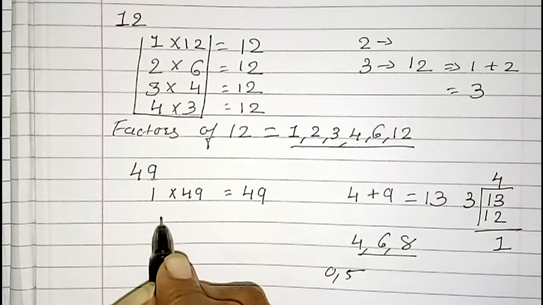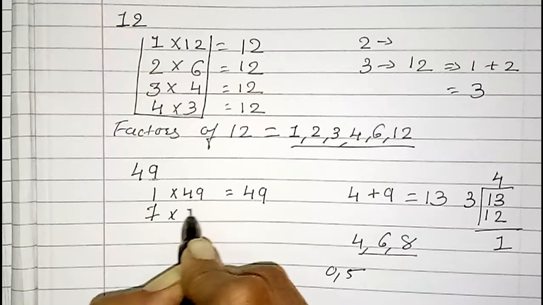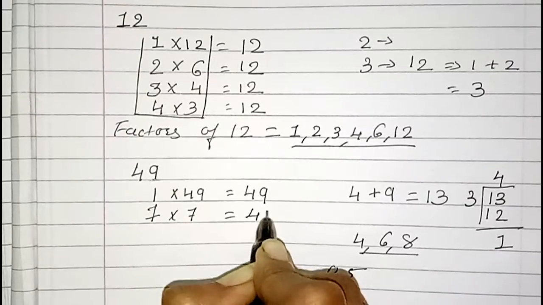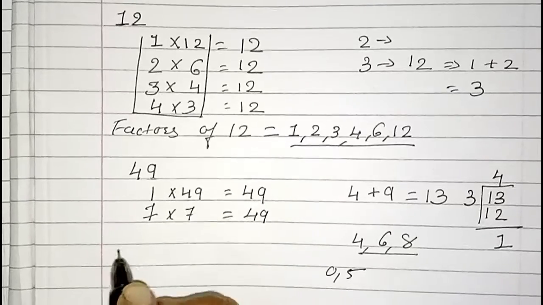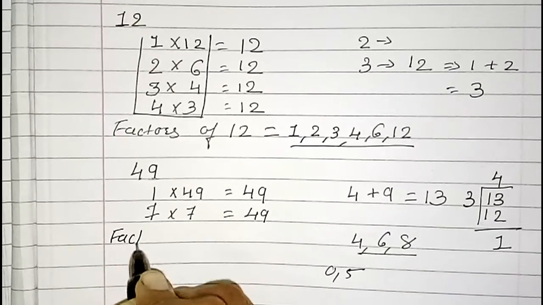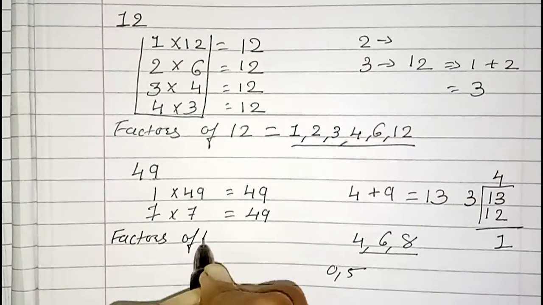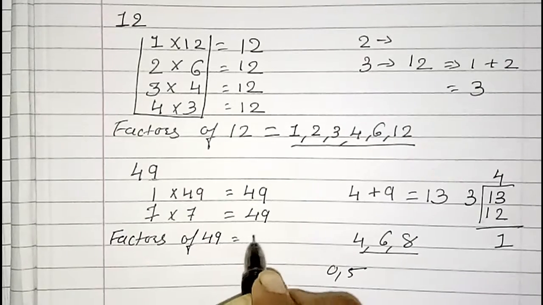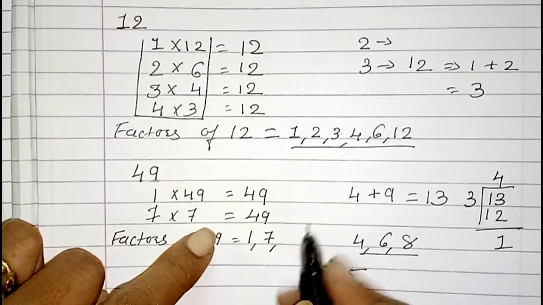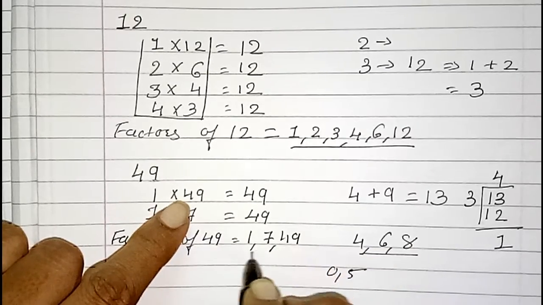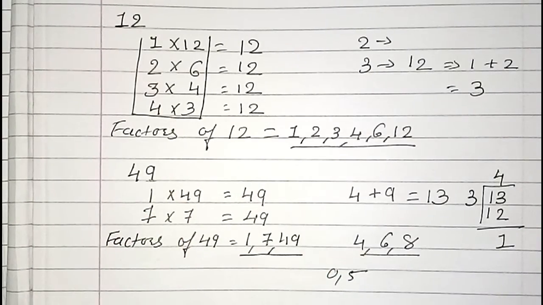So we will see 7. 7 sevens are 49. 7 is repeating, the same number, so the factors of 49 are 1, 7, we already wrote 7, and 49. So these are the factors of 49.